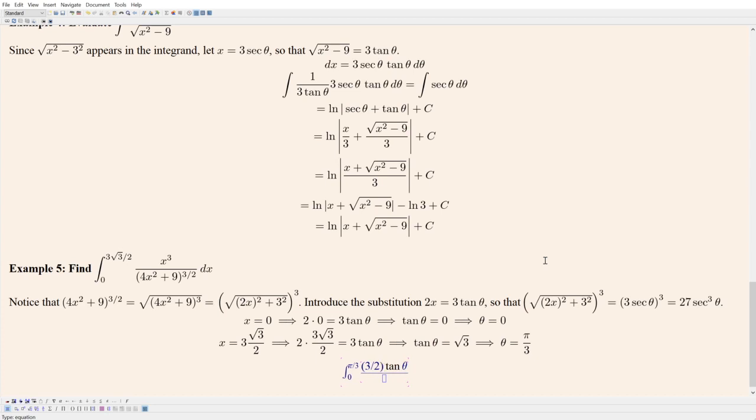Yeah, 3/2 tan theta, that works. And then we want to cube this, like so. And then on the bottom we have all of this junk. So the bottom becomes 27 secant cubed.